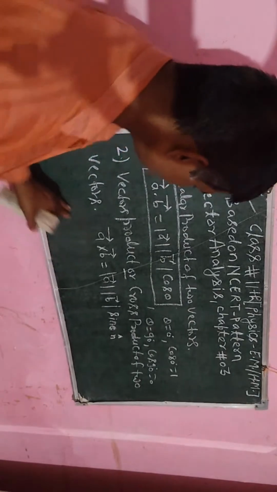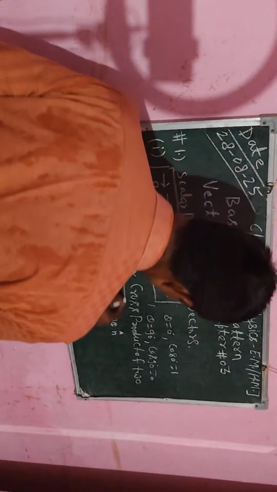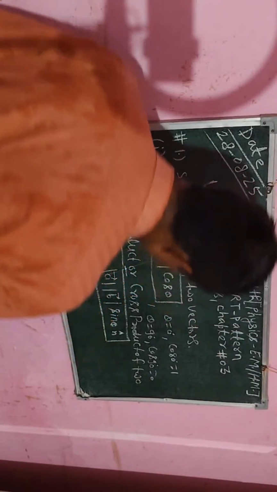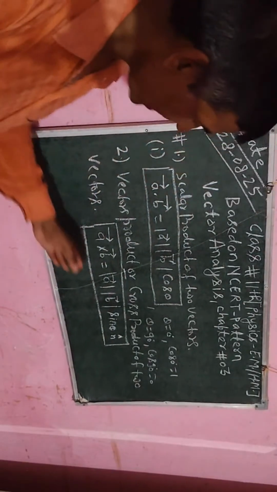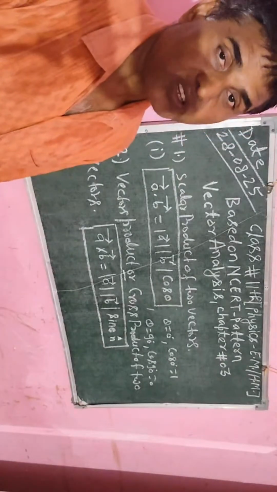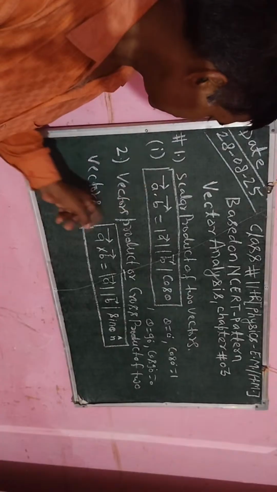So this is the vector product, because by taking the cross product of these two vectors I have got a vector. So each and every student has to remember these two formulas.